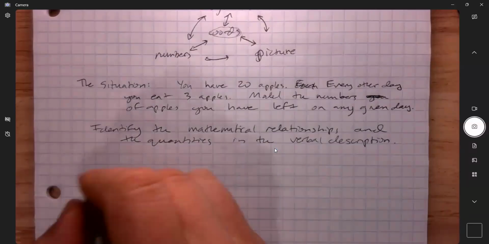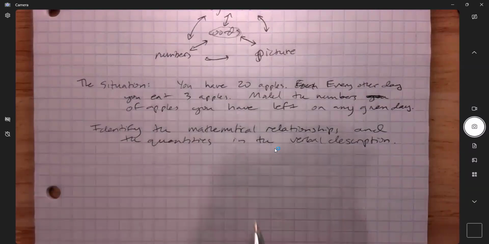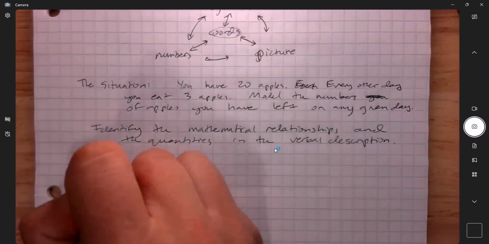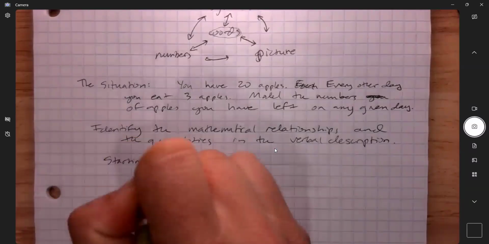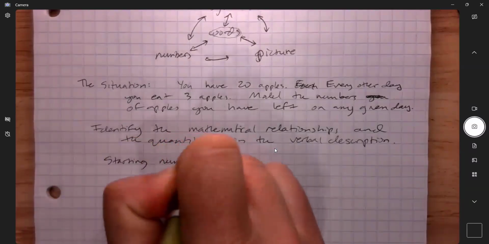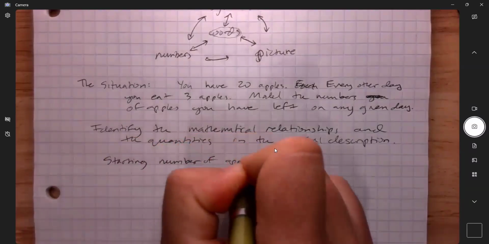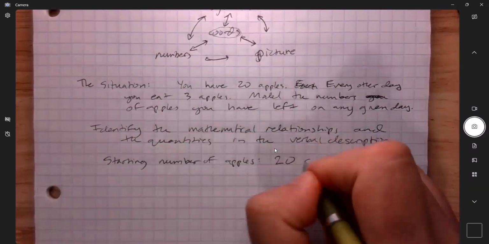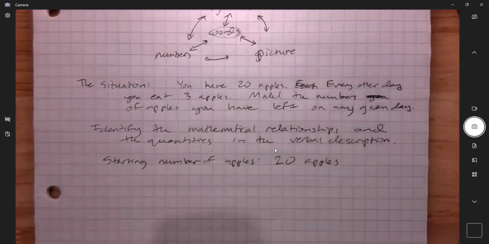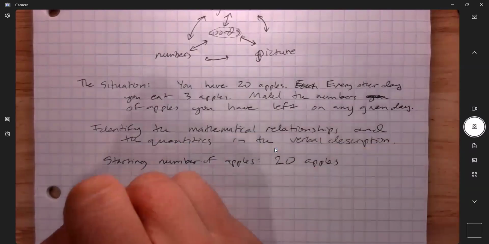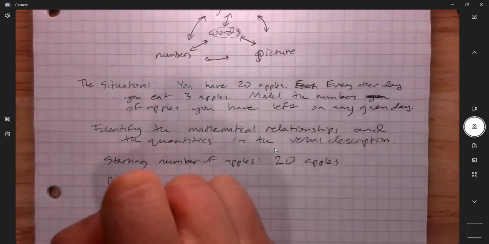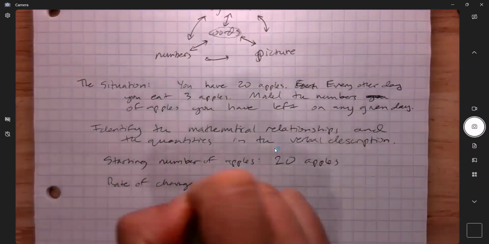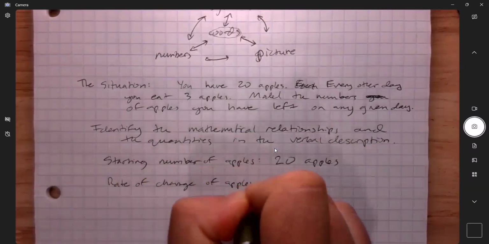But for me, I would start with what relationships do I care about? Well, one relationship is the starting number of apples. And the quantity that relates to that is 20 apples. And I also want to know about the rate of change of apples.